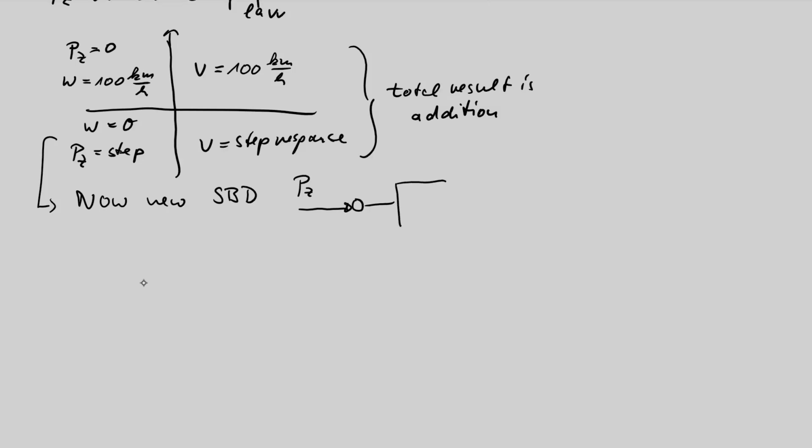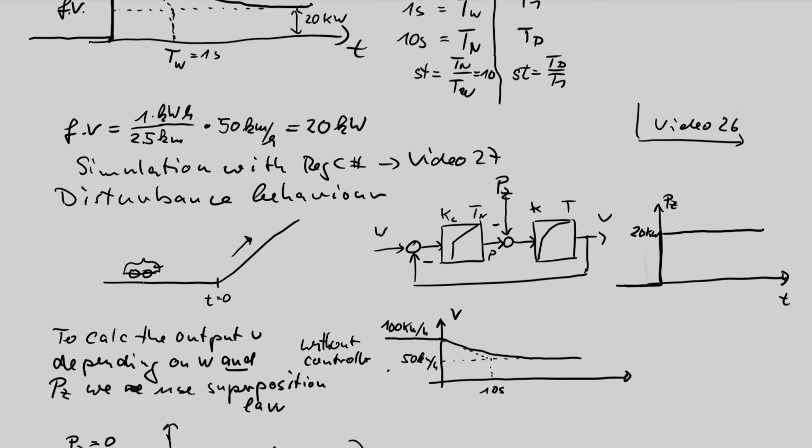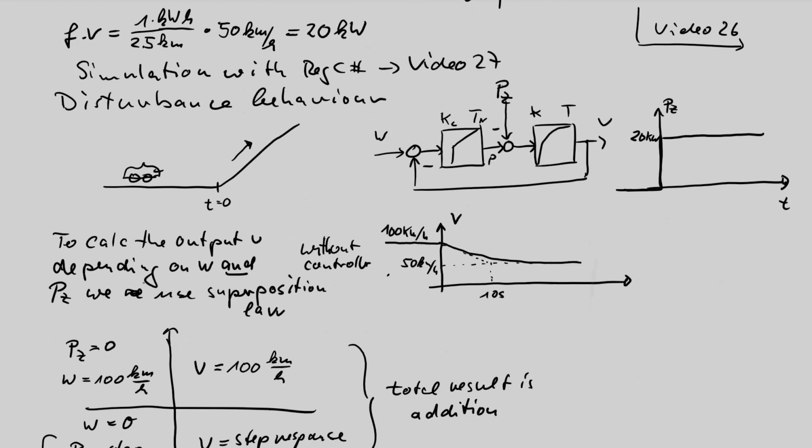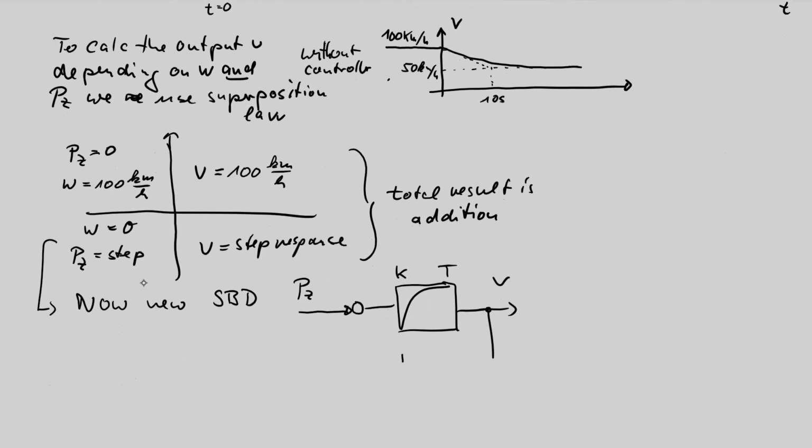Then the process function follows. K process, T process, V output follows, and then you see the process output is connected via the PI controller with this negative sign, with PI controller to the input.